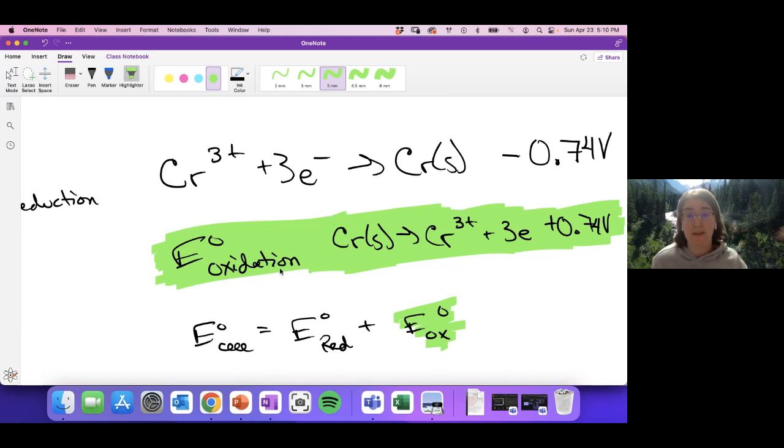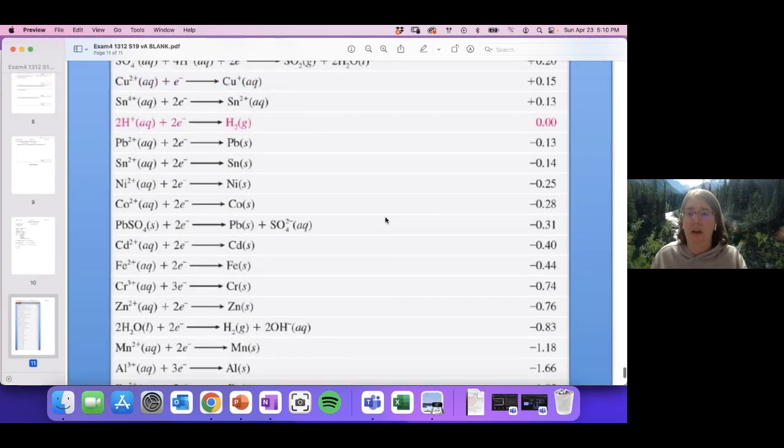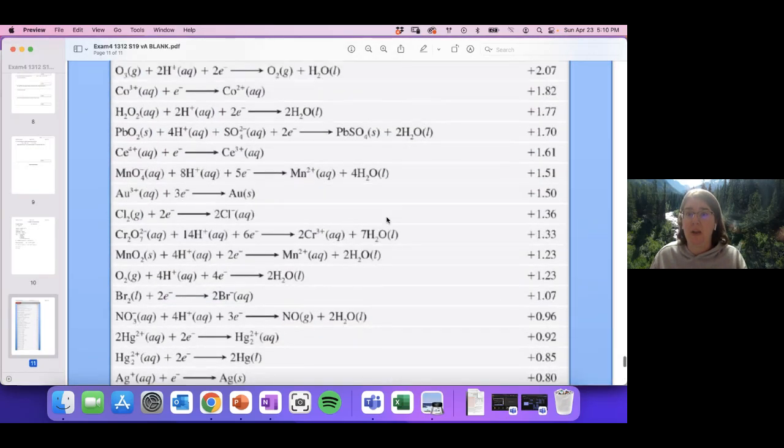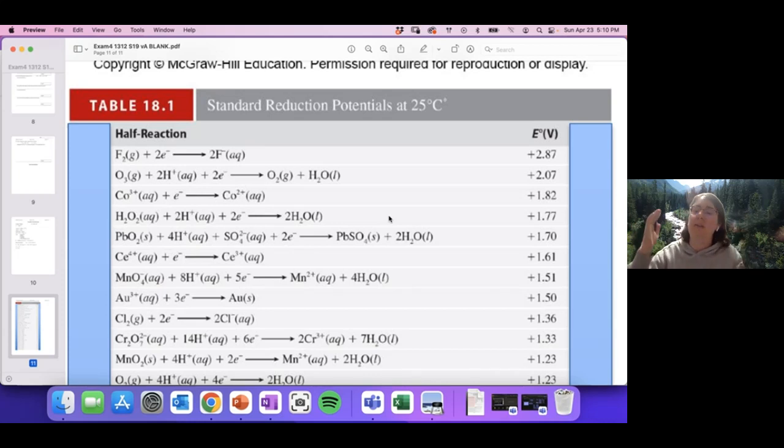But your standard oxidation potential is just flipping the sign off of the standard reduction potential. And remember, we are just going to pull this table off of your textbook. While we are going to get rid of the two arrows on either side, notice it still says at the very top, standard reduction potential. Also, they're all written as reductions. So there are lots of different ways to remember that and keep that in mind.